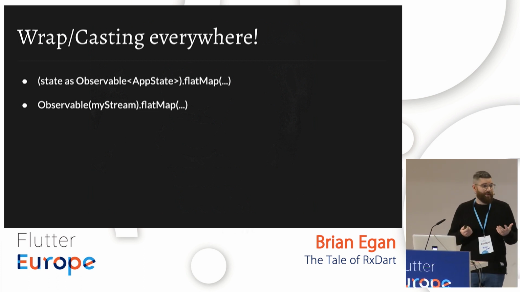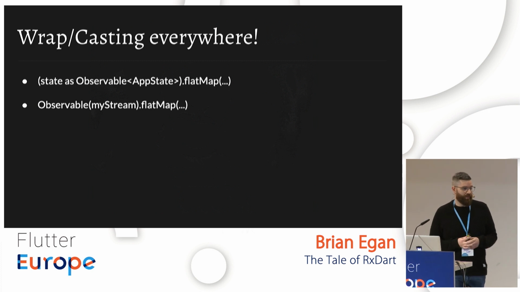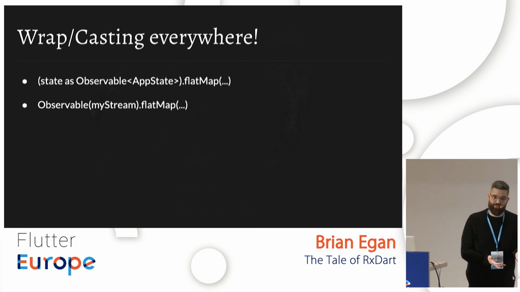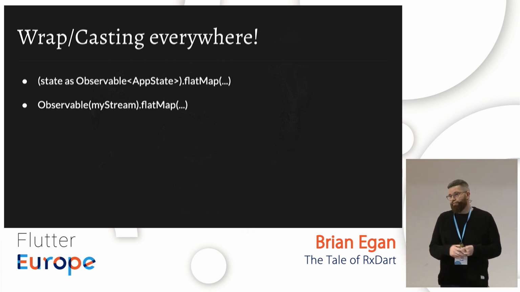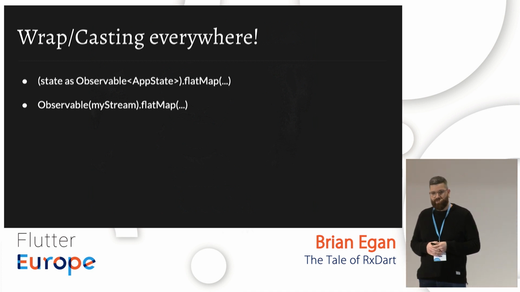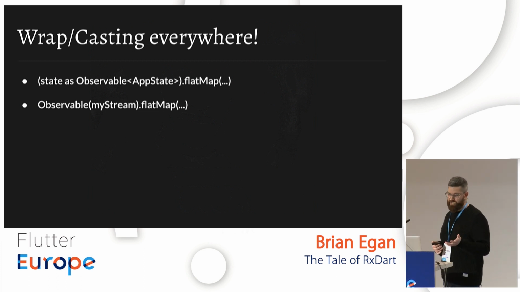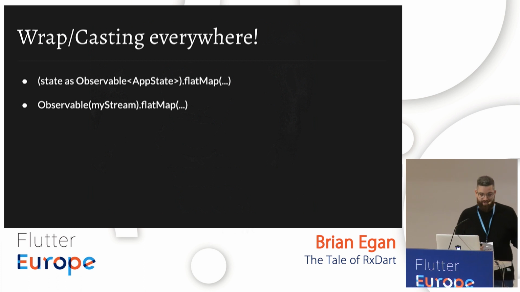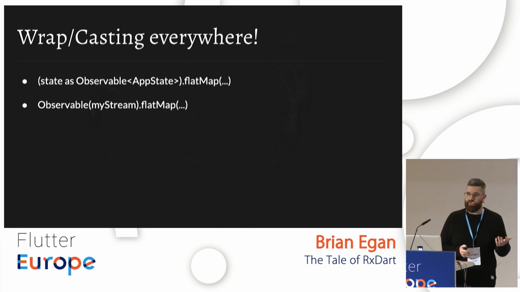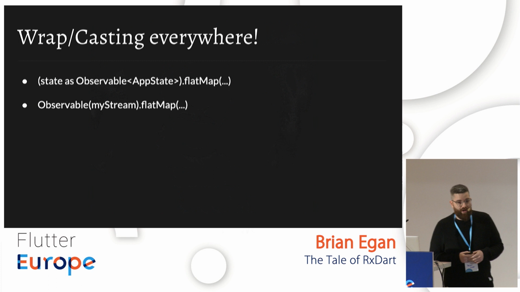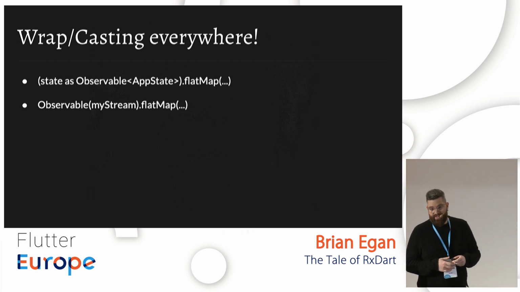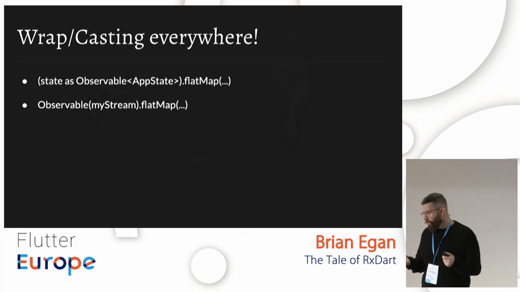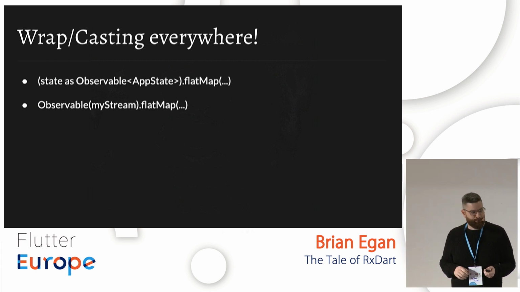For example, if you're using the bloc library, you might have to transform your events, right? And if you want the power from RxDart, you'd have to cast your state as an observable, and then you could start working with it. Or, for example, with Redux epics, what I ended up doing is that you would basically have to wrap the observable, because you weren't quite sure whether it was or wasn't an observable coming in.